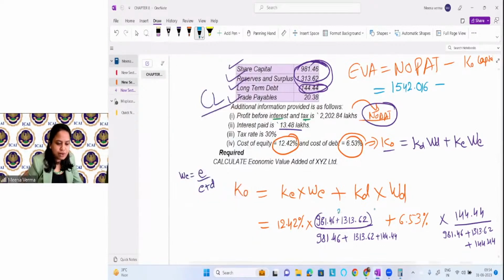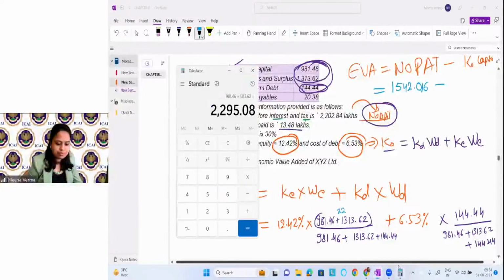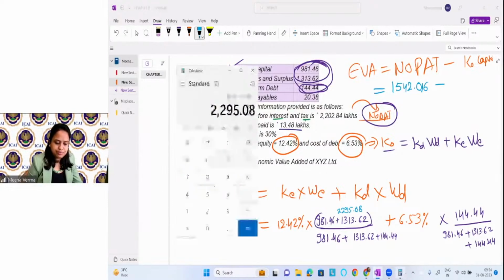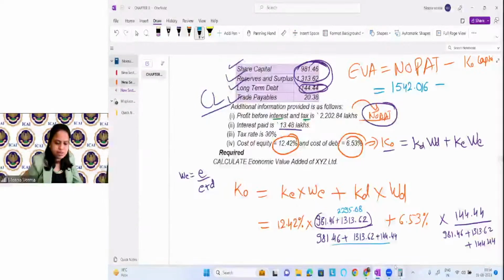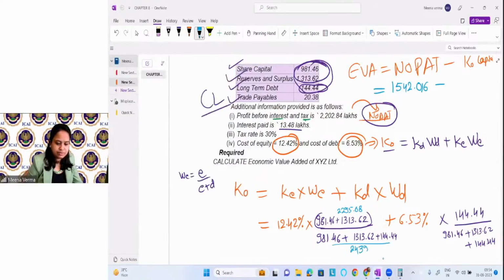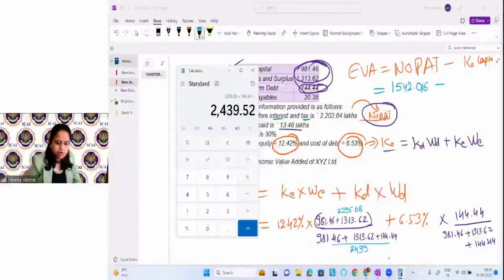So this will give you the value 2295. Okay. This entire sum is what? 2439.52.